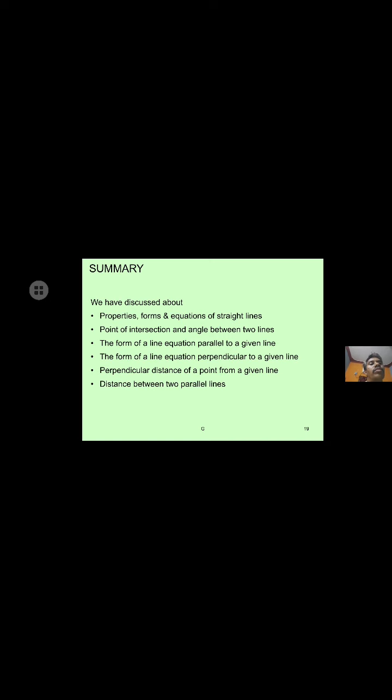Distance between two parallel lines, which we already knew, is c2 minus c1 by under root of a square plus b square, where c1 is the constant of the first equation and c2 is the constant term of the second equation.